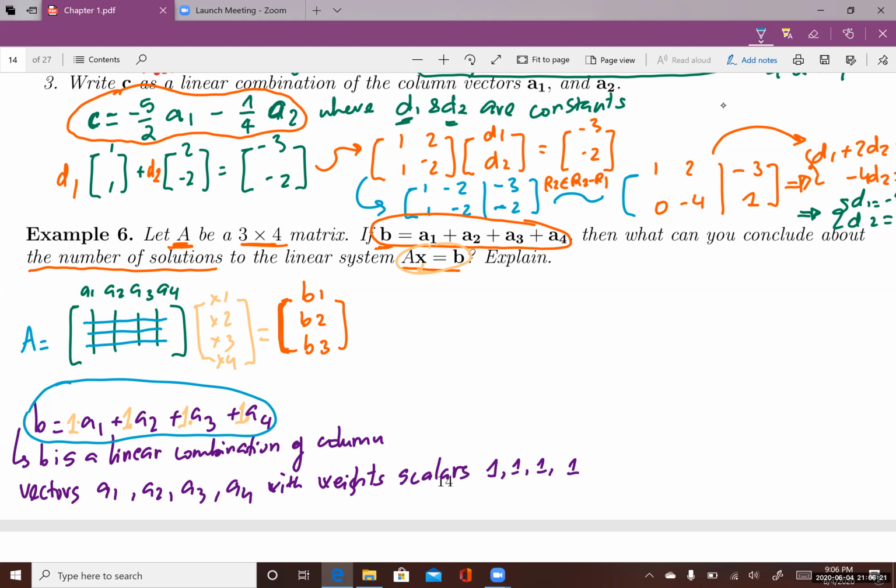We know that the system here, since B is a linear combination of column vectors of A with weight scalars 1, 1, 1, 1, then 1, 1, 1, 1 is a solution to the system AX equals B.